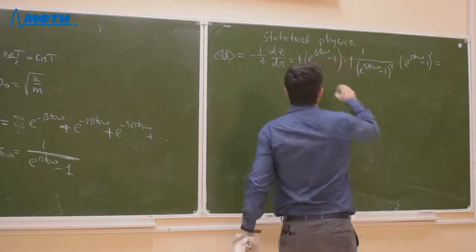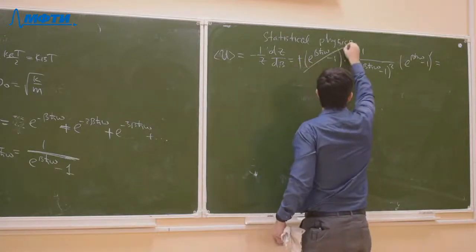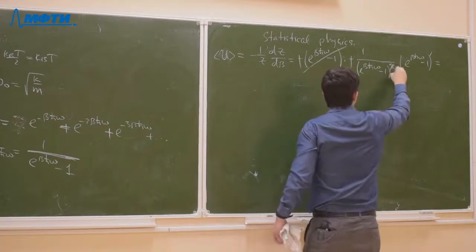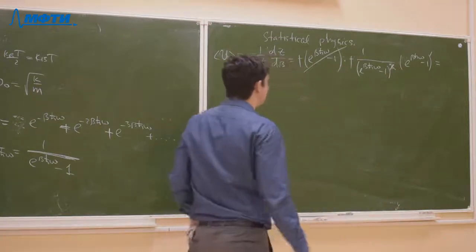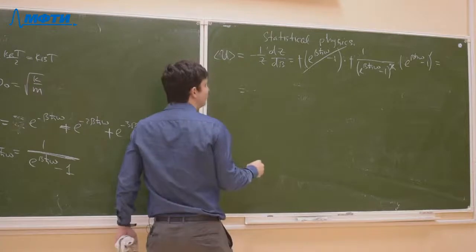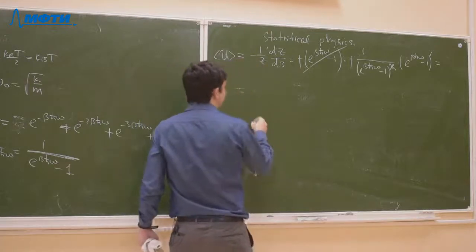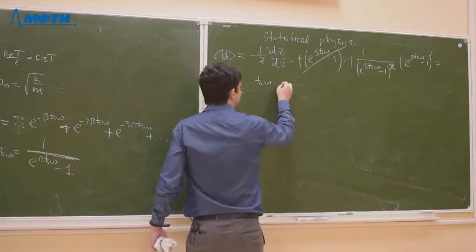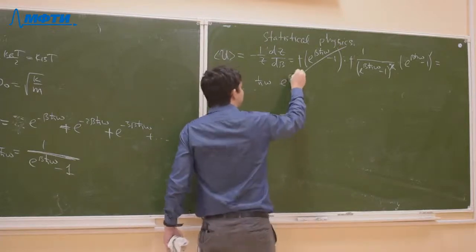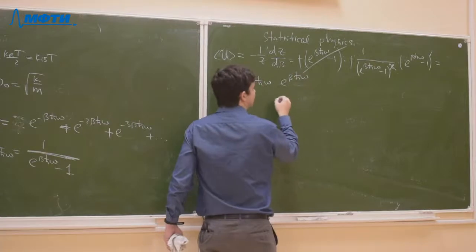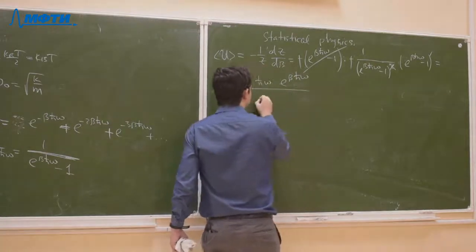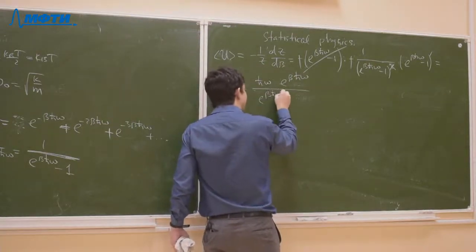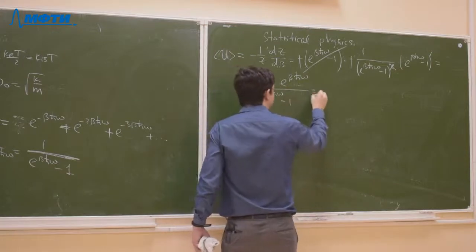Okay, this factor here cancels this second power in the denominator, and finally we get h omega multiplied by e to beta h omega divided by e to beta h omega minus 1.